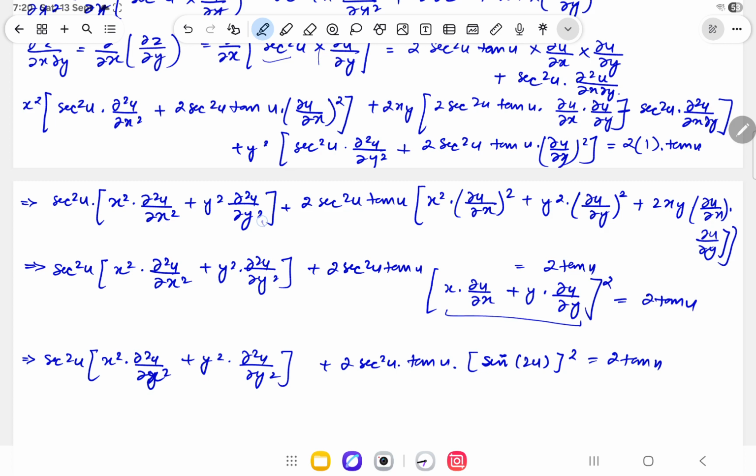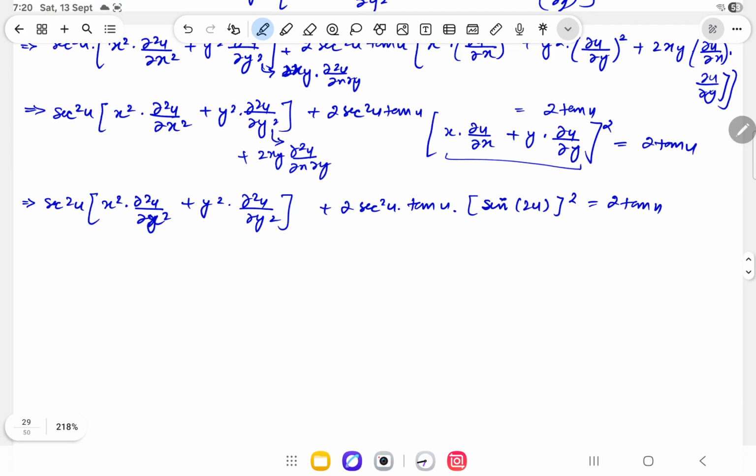So here we'll get another term, that is 2xy into del square u by del x del y, plus 2 sec square u tan u.